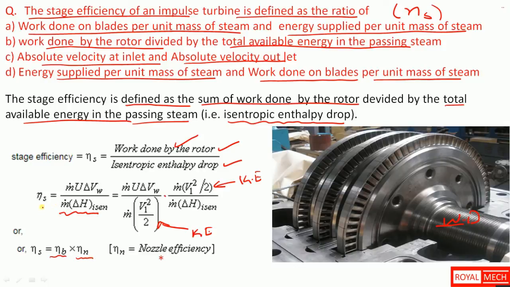So stage efficiency is the work done by the rotor to the isentropic enthalpy drop. That is option B, work done by the rotor divided by total available energy, which is nothing but the isentropic enthalpy drop. So therefore option B is the correct option.